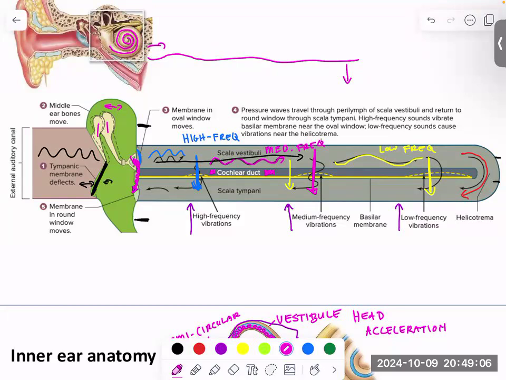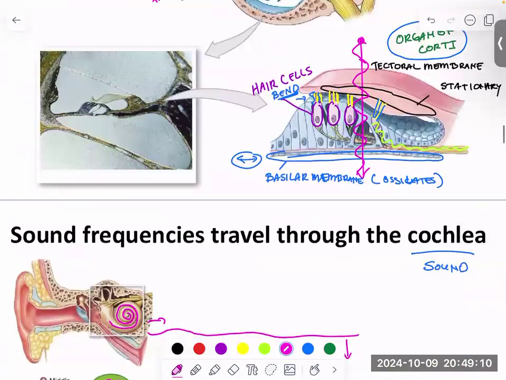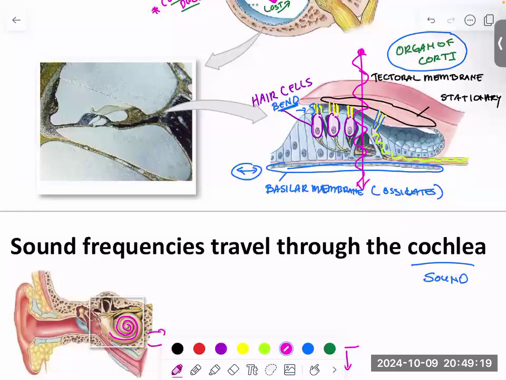One of the things that I forgot to mention that I think is important to mention, if you hear sounds too much, like if you work around heavy machinery, if you go to a lot of concerts, do you know what happens to your hair cells? They will break the hairs.